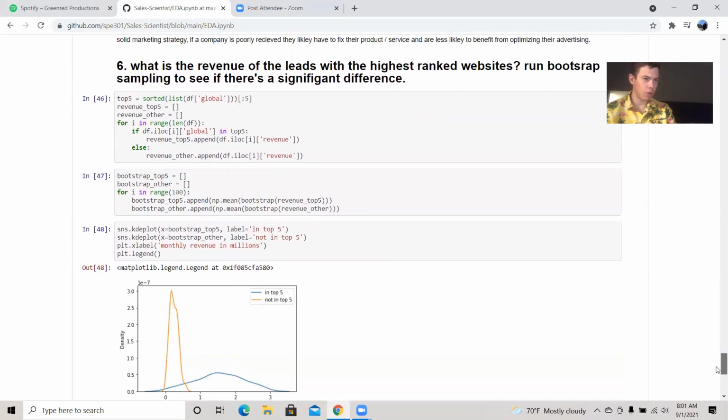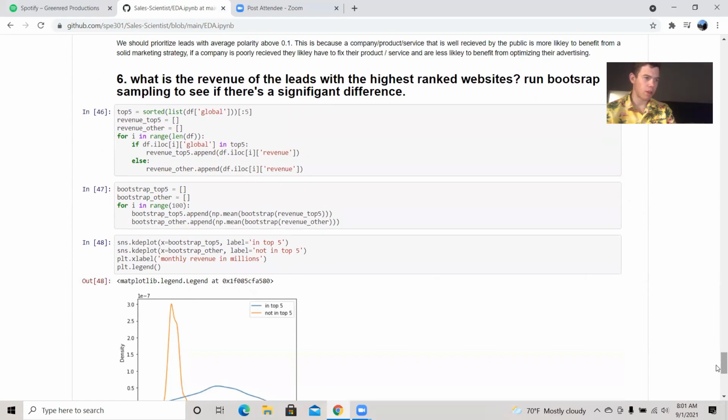Now I did this weird thing where I took basically every lead in this data set, whose website has been ranked in terms of how popular it is. The lower the number, the more visited and the higher ranked it is, the more popular it is, right?